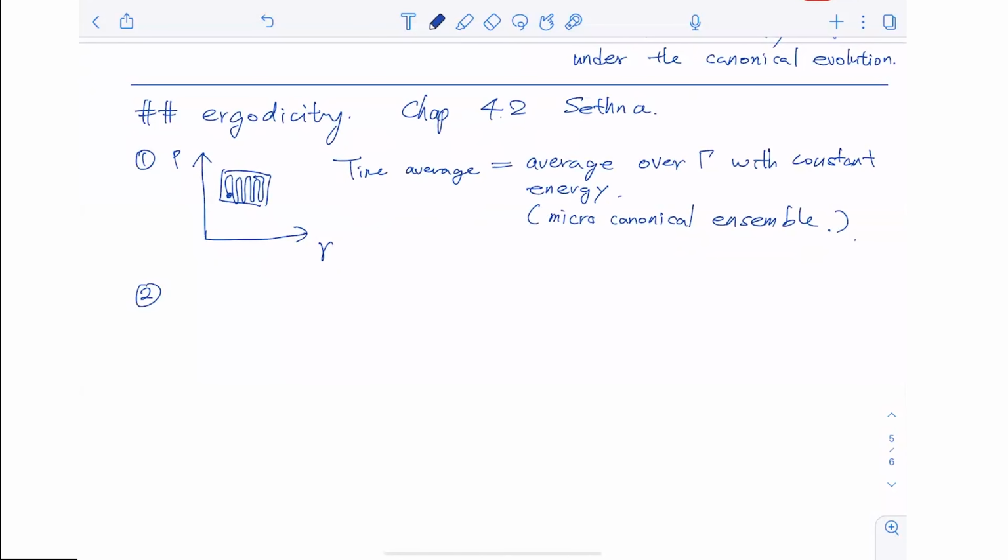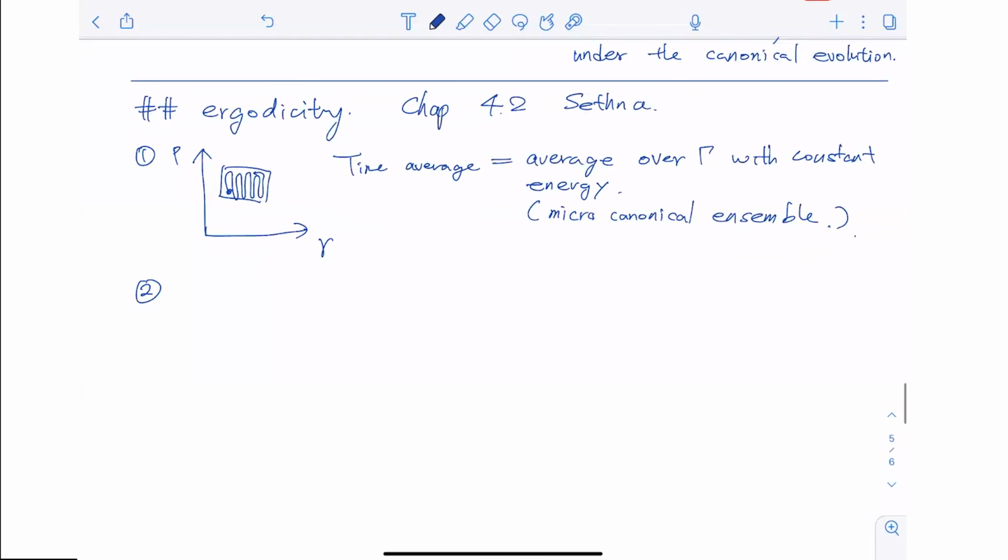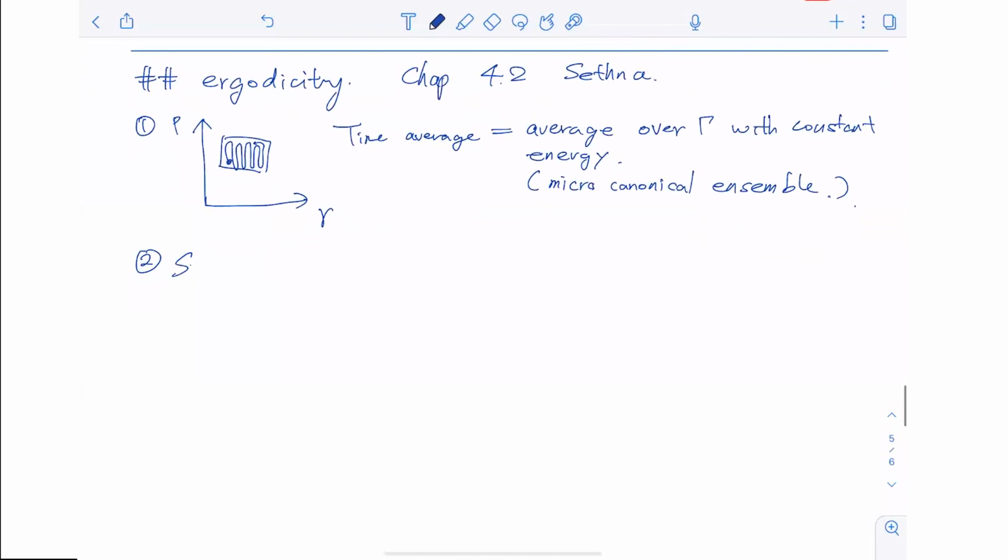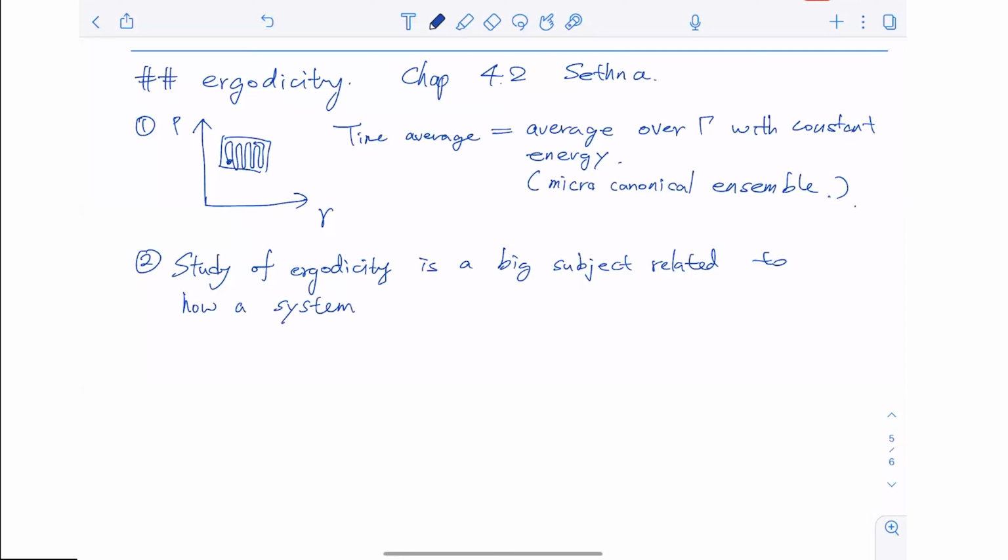That's one thing. And the second thing is that the study of ergodicity itself is a big subject. Basically, it is related to how a system thermalizes.